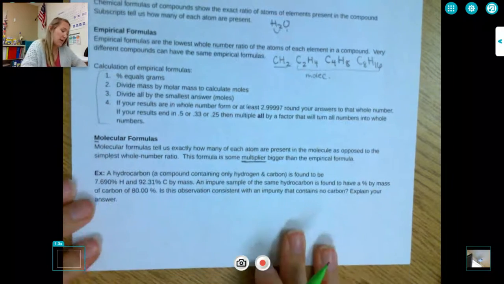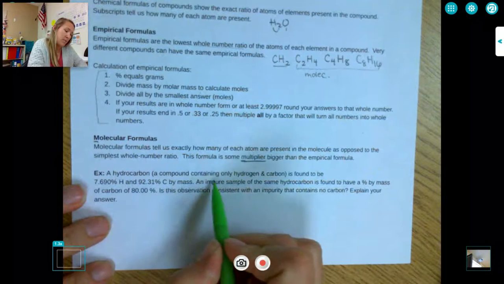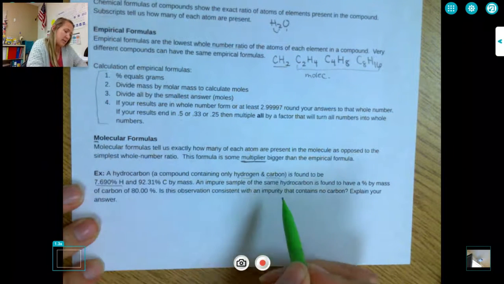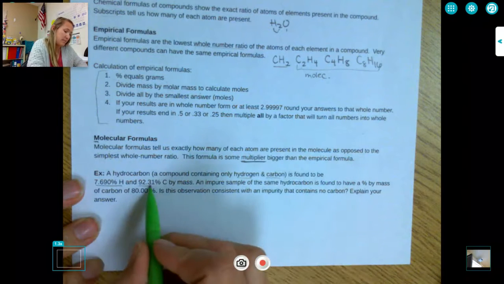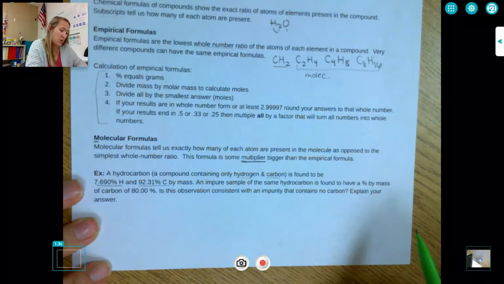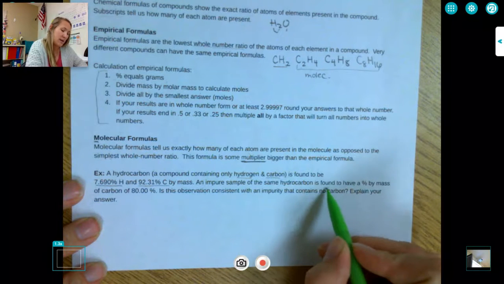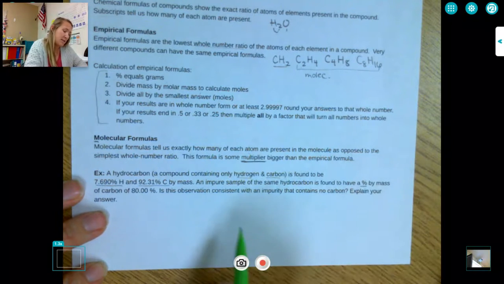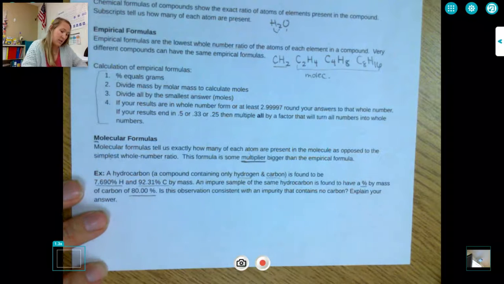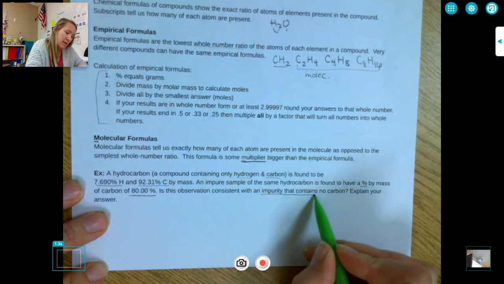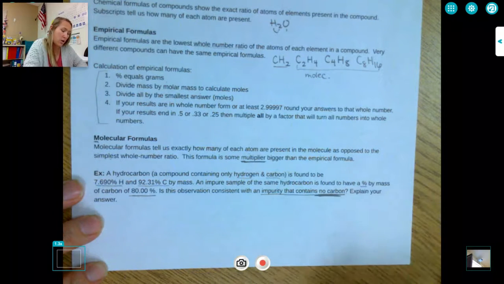So for example, a hydrocarbon, which is a compound containing only hydrogen and carbon, is found to be 7.69% hydrogen, 92.31% carbon. An impure sample of the same hydrocarbon is found to have a percent by mass of carbon that is 80%. Is this observation consistent with an impurity that contains no carbon?